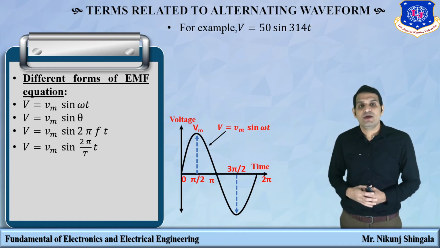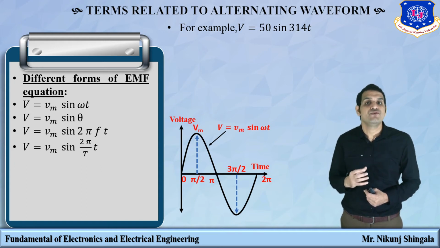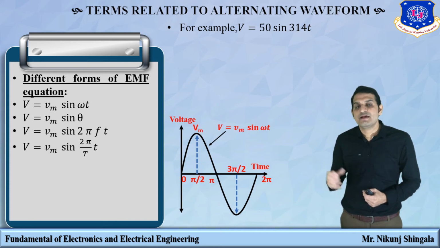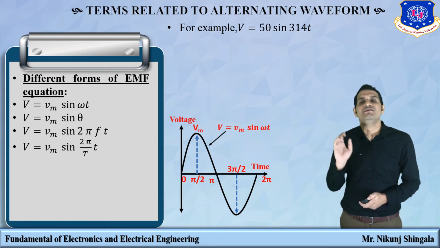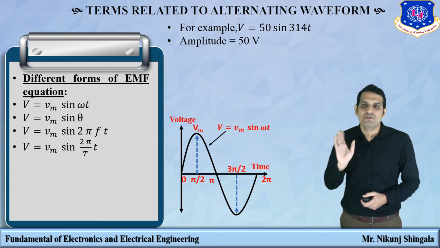The equation of alternating voltage is V is equal to 50 sin 314 t. As we already discussed, the coefficient of sine of angle is nothing but the amplitude. So here Vm or amplitude is 50 volt.